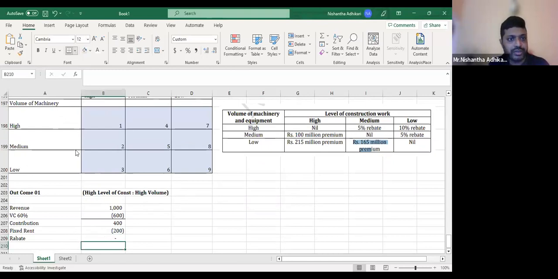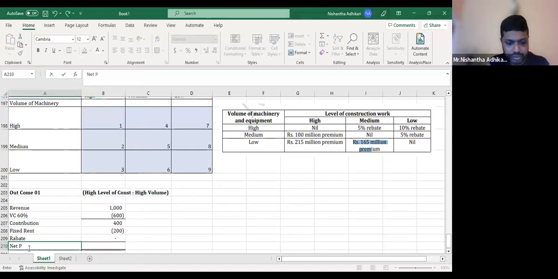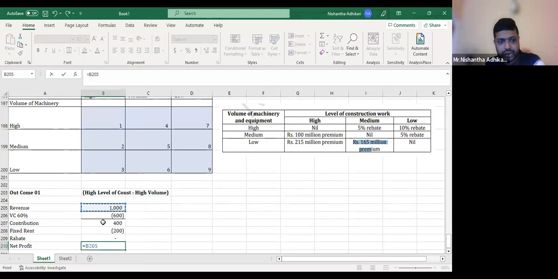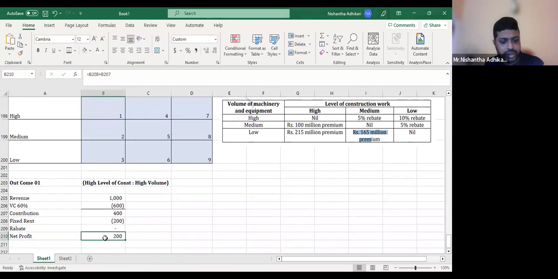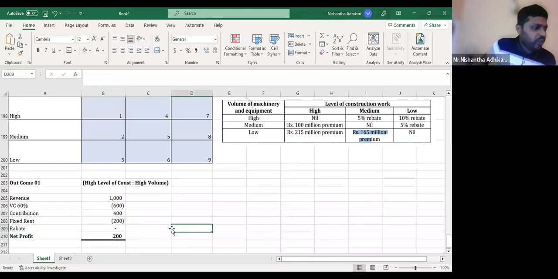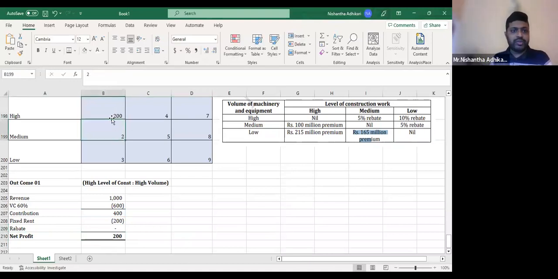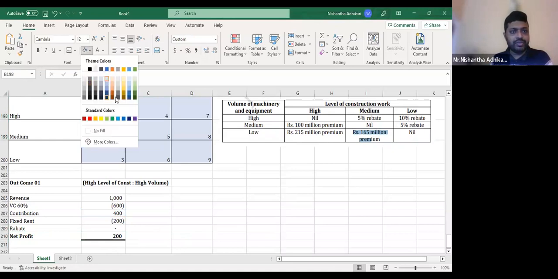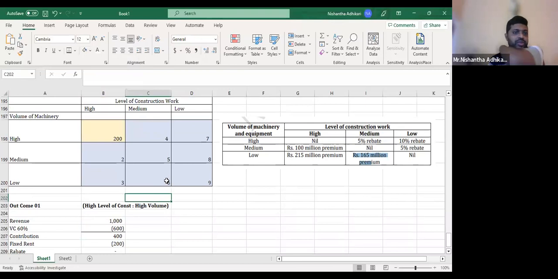Then you have the net profit. 200 million is the net profit. Outcome 1, your net profit should be 200 million. I have worked out outcome 1. It is done.